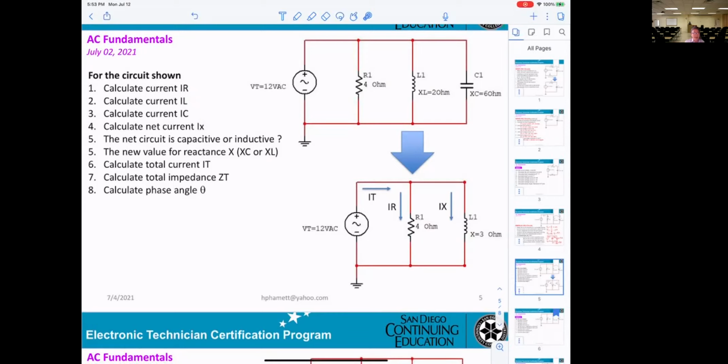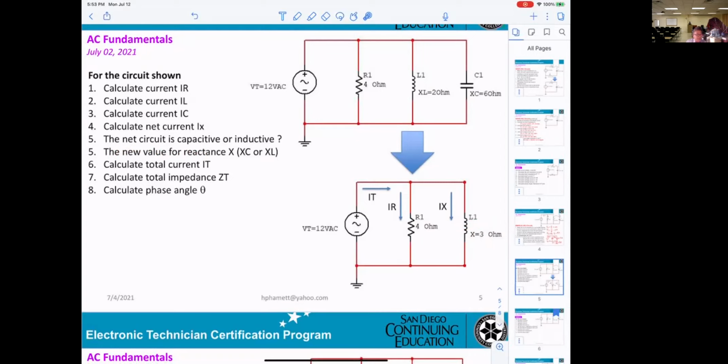If IC is higher than IL, the circuitry will be capacitive. Okay, and they give the new value for reactance. That means in this case it will be 3 ohm. We already calculated.